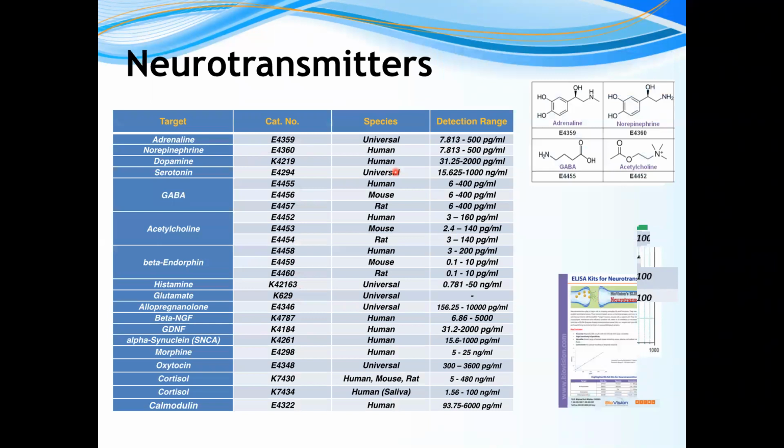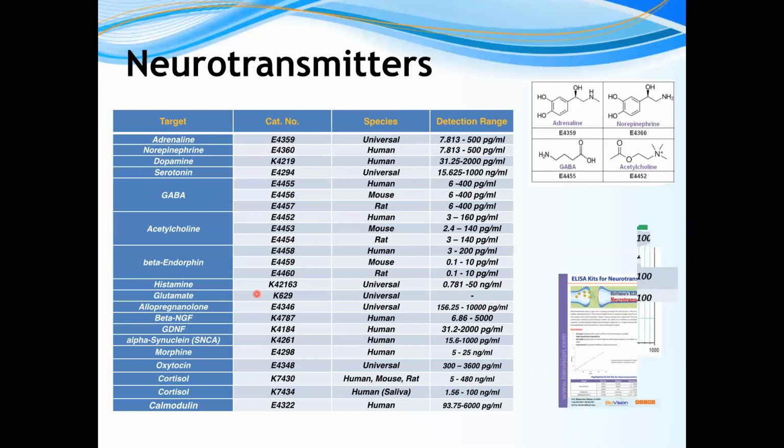Next is a fairly new product category that we have recently added: ELISA kits for neurotransmitters. These ELISA kits can be helpful in detecting the neural response that has been regulated by these different analytes. Some of the common targets in this category are adrenaline, serotonin, dopamine, acetylcholine, and histamine, which are very popular targets.